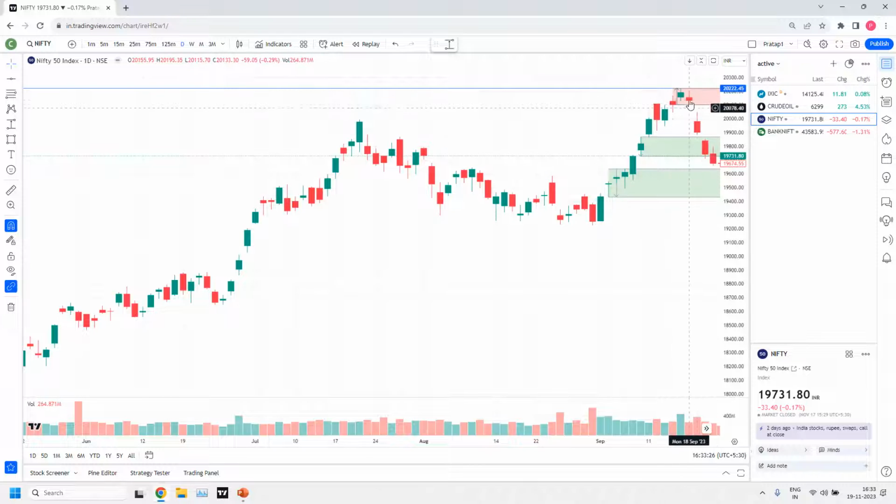Because the current trend is an uptrend, after breaking this first demand zone, the trend will be changed to sideways. Because an uptrend never changes to a downtrend directly. That is what you learned already. Similarly, a downtrend never changes to an uptrend directly. What is the rule?